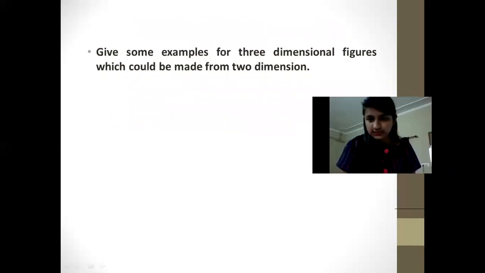So there is a question in front of you. You have to give some examples of 3-dimensional figures which could be made from 2-dimensional ones. You can also give ideas of the figures.